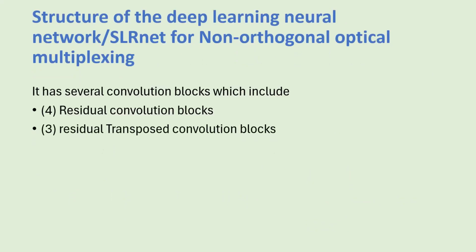The neural network has a number of blocks: the residual block, the residual convolutional block, the residual transposed convolutional block, and then the convolution layer. It helps in channel compressing.